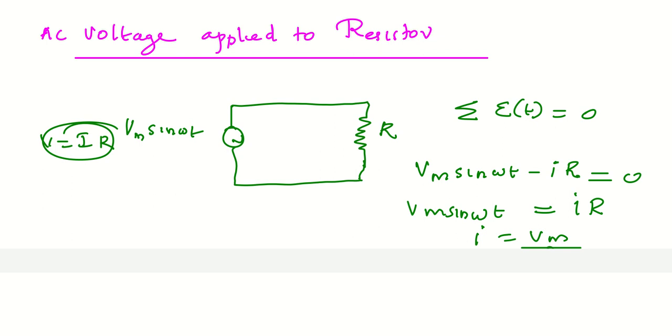When the current flows in this direction, we should take minus to plus through a resistor. So Vm sin omega t minus IR.